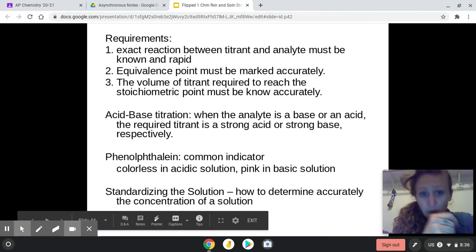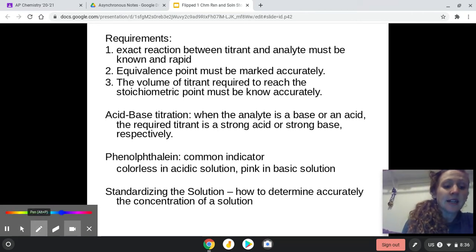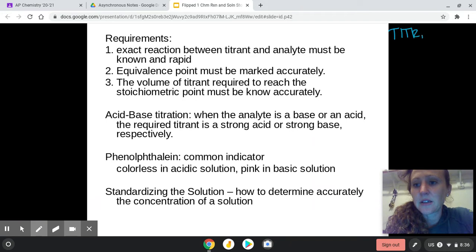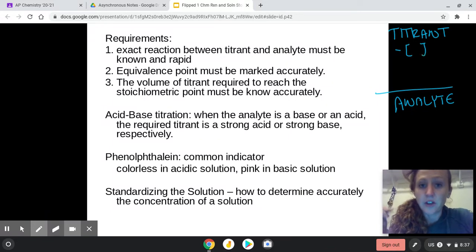Okay. So when you're doing a titration, we talked about this. The data that you need to write down includes things about your titrant and things about your analyte. So you should know the concentration of your titrant, because that's your standard.